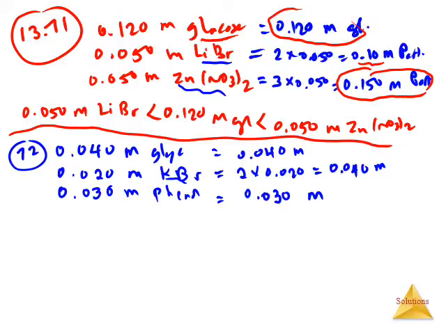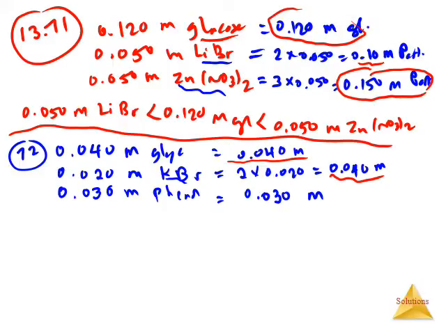Okay, now I look for the highest concentration of particles. That's 0.040. You have two numbers the same. So the value would be the same for glycerin and KBr, and phenol has 0.030. Now keep in mind, the solutes are going to depress the freezing point from 0 degrees centigrade to a lower value.